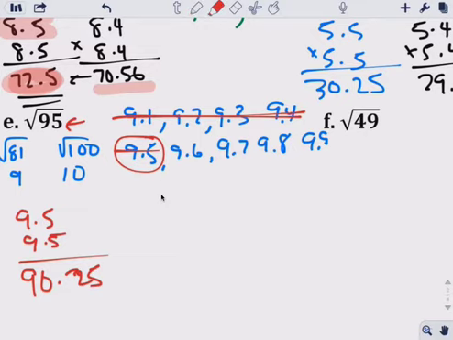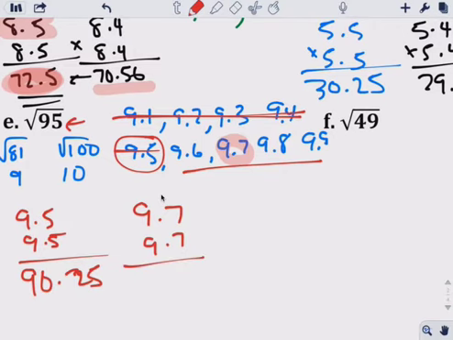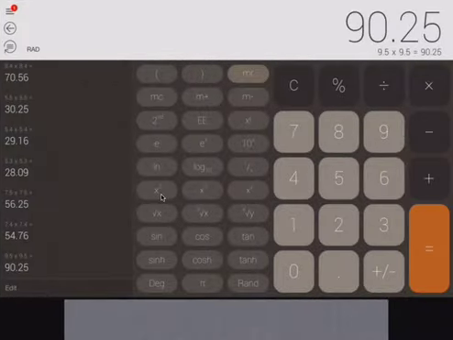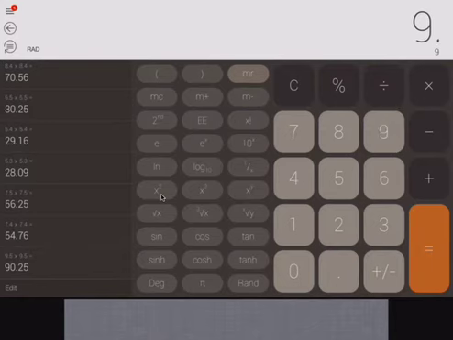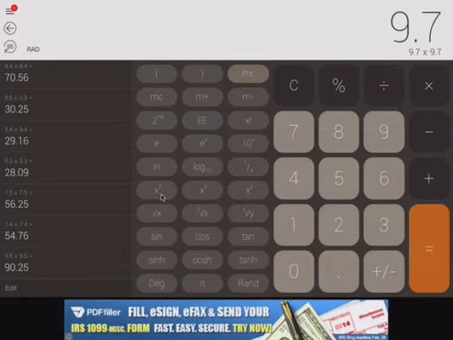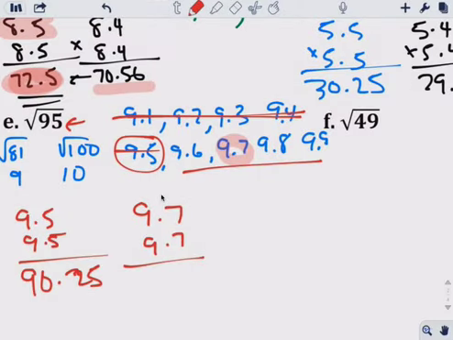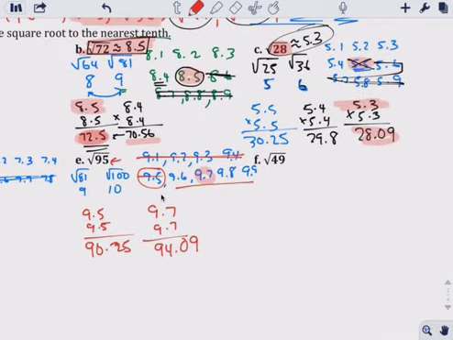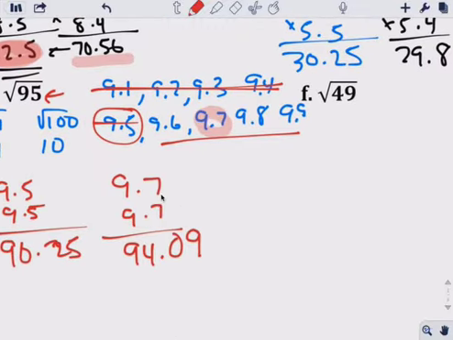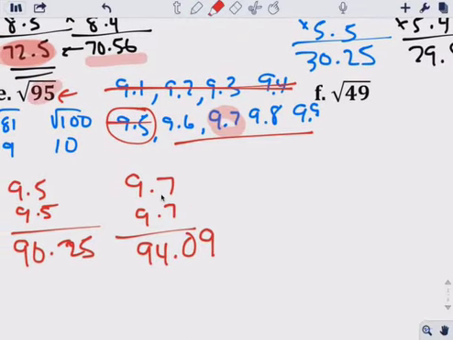Let's try 9.7. So we have these four numbers to guess from. I'm going to choose 9.7. 94.09. Okay, so that's probably the closest one. Still too little because this is 95 and this is 94.